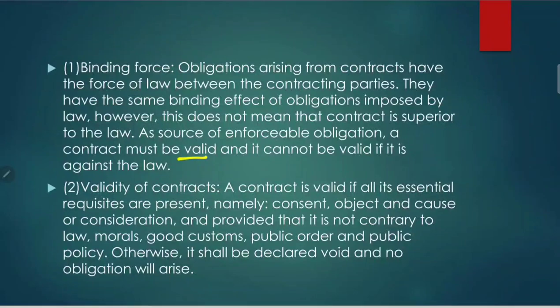Kasi once na against the law yung nakalagay sa ating contracts, halimbawa is you are to deliver illegal drugs to B, to the person of B. That contract is not valid because it is against the law. So, hindi siya enforceable obligation and hindi natin mako-consider na yung obligation doon have the force of law between you and B.